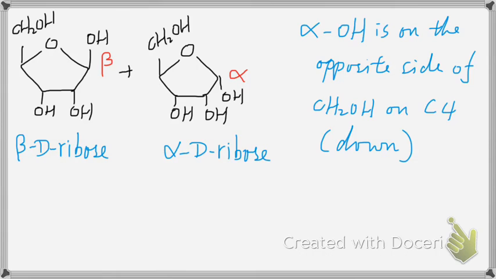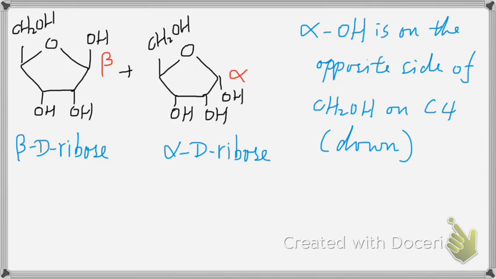Relatively speaking, the carbon 1 OH is on the opposite side of the CH2OH on the last carbon. We say this is the alpha form. And beta is when the OH is on the same side as the CH2OH on the last chiral carbon. Okay?